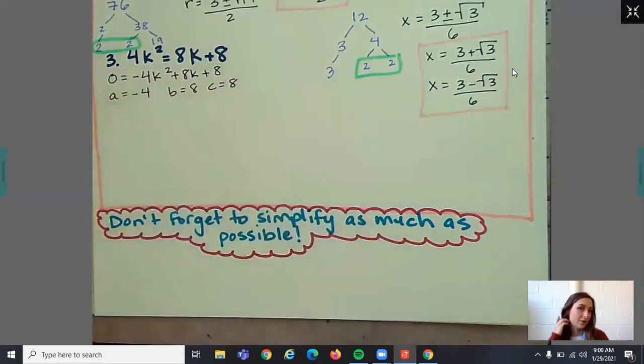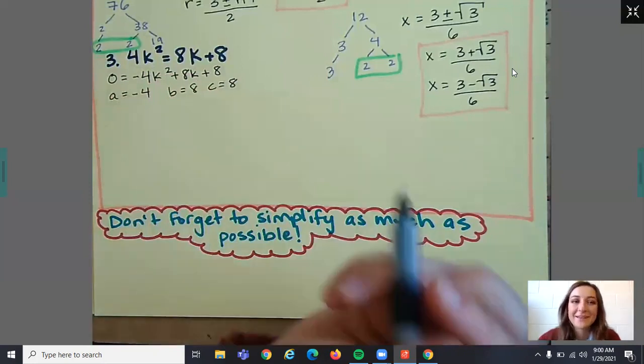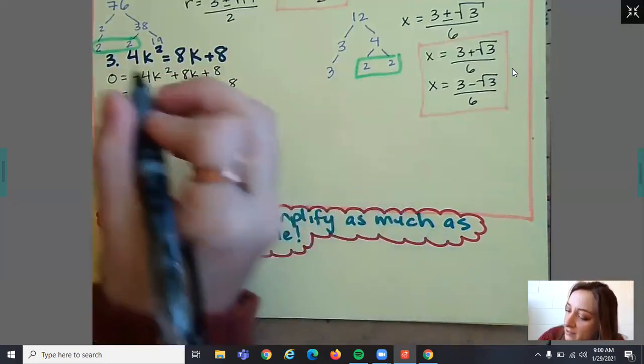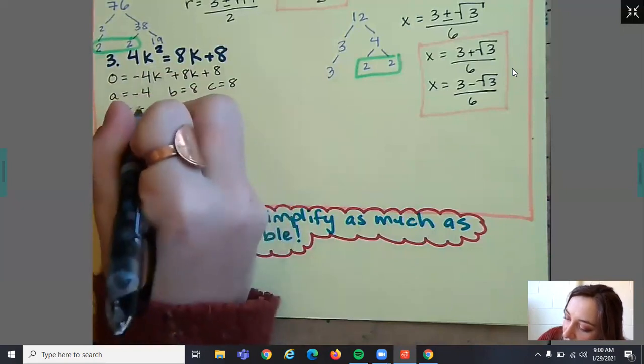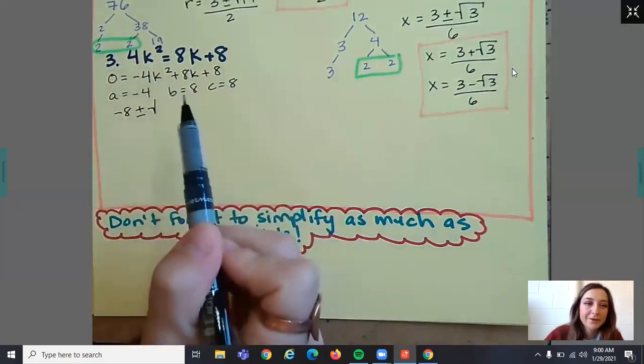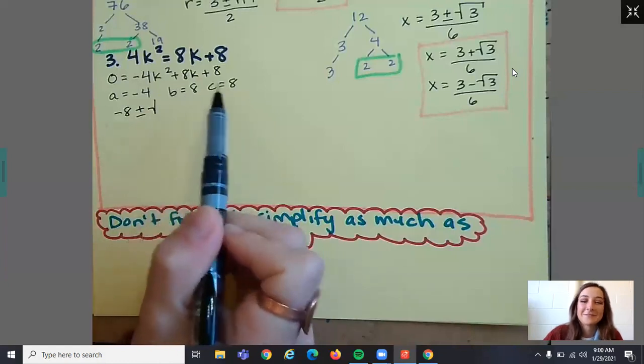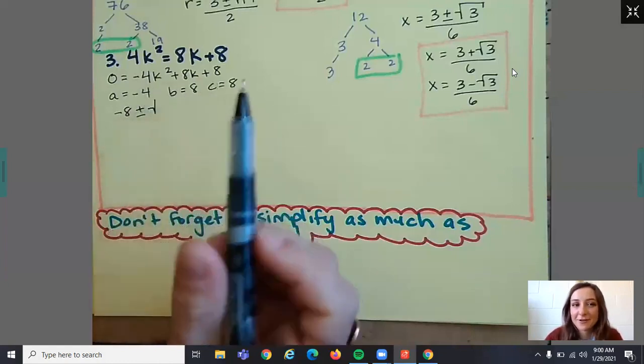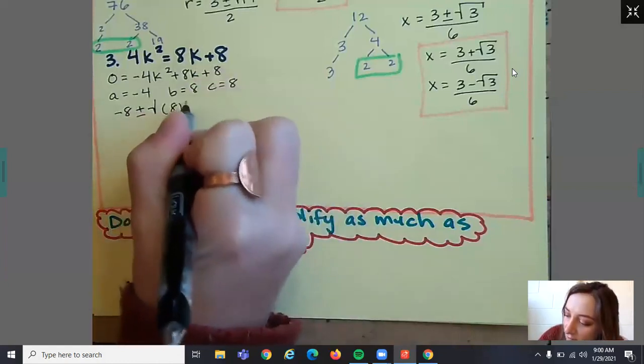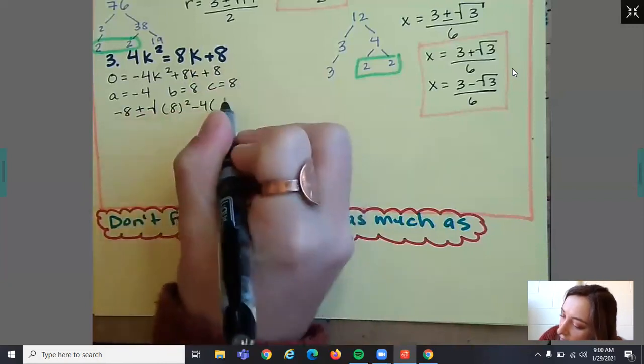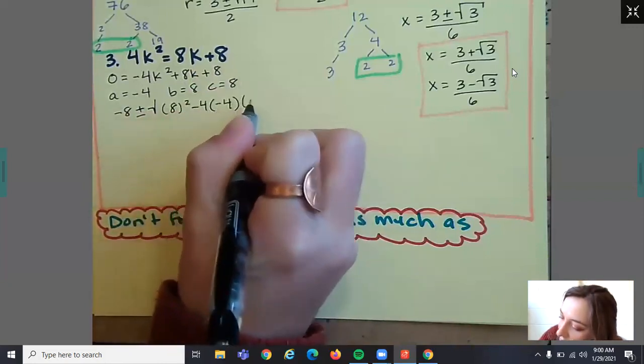All right, starting with our formula. Negative b, so negative 8, plus or minus the square root of b squared minus 4 times a times c.